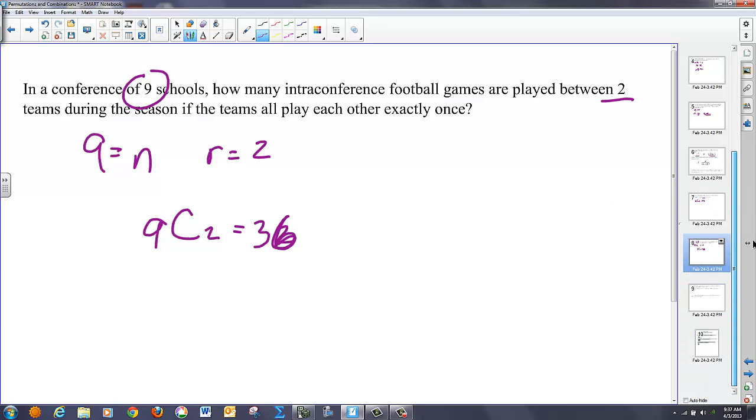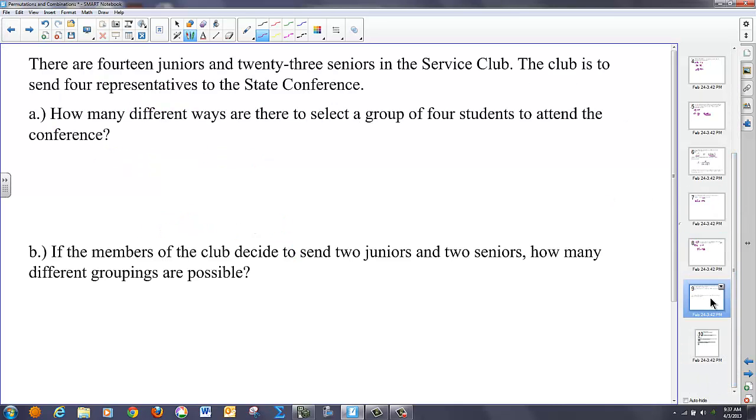Let's move to our next problem. It's done in 2 parts. You've got 14 juniors and 23 seniors on a service club, and we have to send 4 representatives to a conference. We want to know how many different ways that group of 4 can be selected.